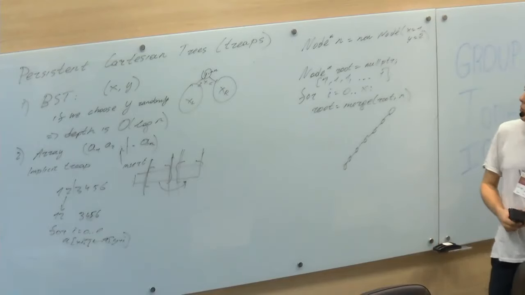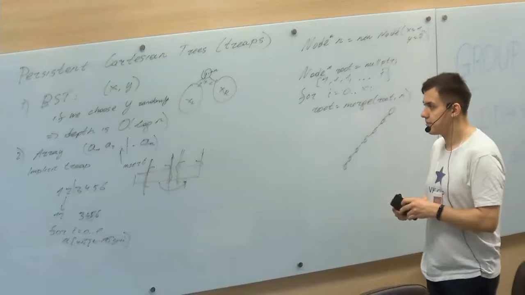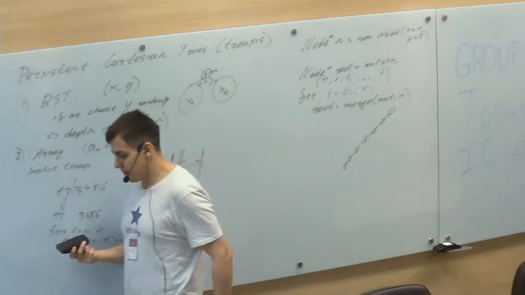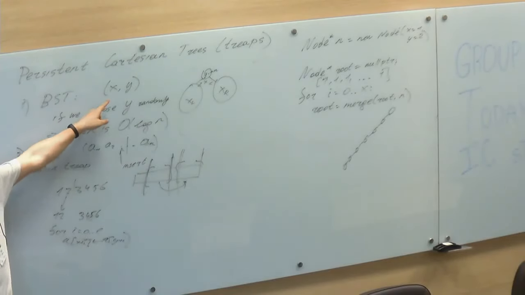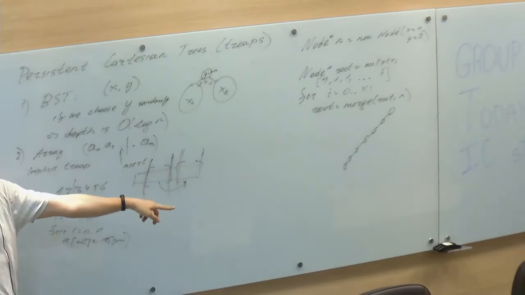Okay, so now we will get rid of priorities, and we will describe what's called the randomized binary search tree. It's a funny story because usually we started our description of treaps by them having keys and priorities. Then we got rid of keys. Now we're going to get rid of priorities.